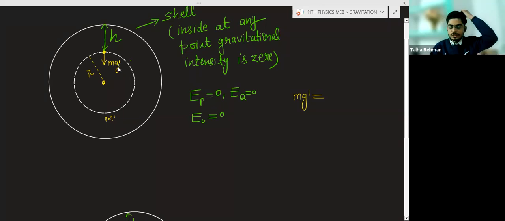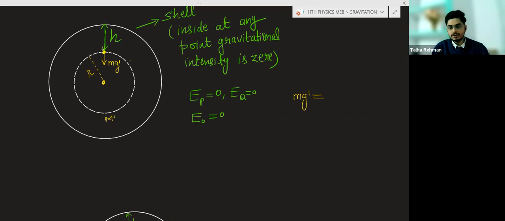And what is weight? Weight at any point is equal to the mass multiplied by the acceleration due to gravity at that point. And this weight will be equal to the gravitational force on the mass m at that point. And the gravitational force here will be G into m dash.